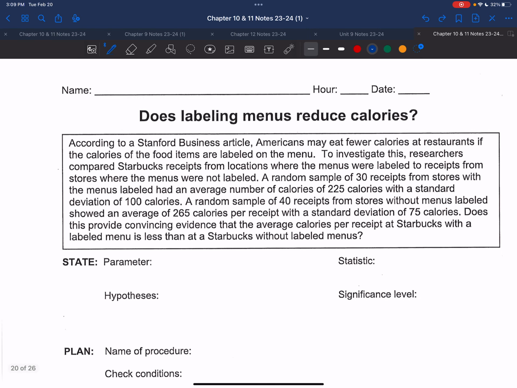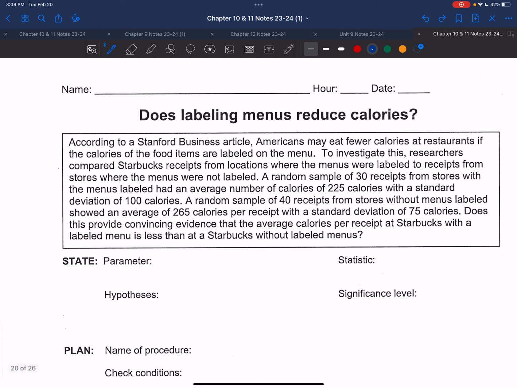Okay. And then the next thing, it says, does labeling menus reduce calories? According to a Stanford Business article, Americans may eat fewer calories at restaurants if the calories of the food items are labeled on the menu. To investigate this, researchers compared Starbucks receipts from locations where the menus were labeled to receipts from stores where the menus were not labeled.